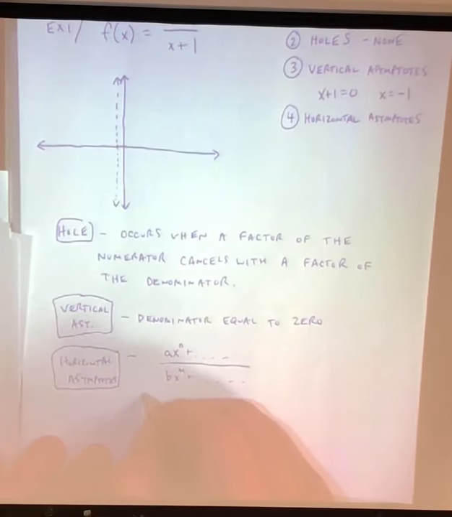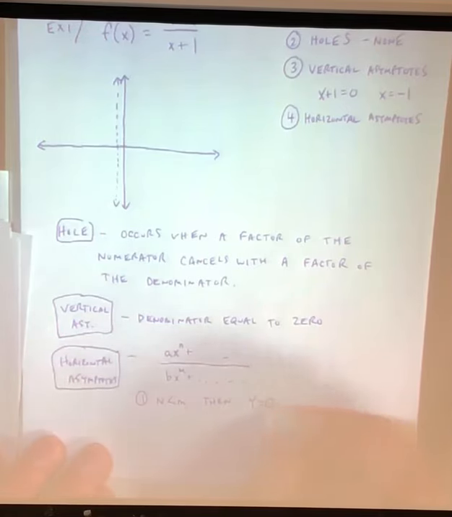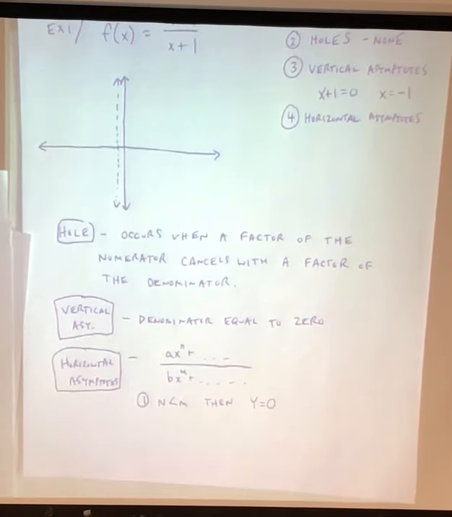Number 1, if n is less than m, then the horizontal asymptote is y equals 0, which is basically just the x-axis.